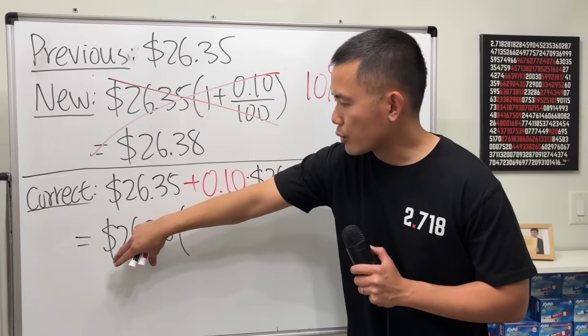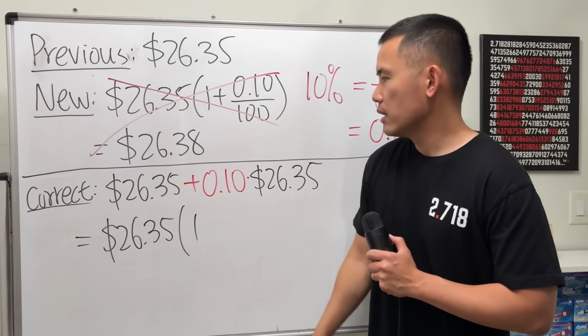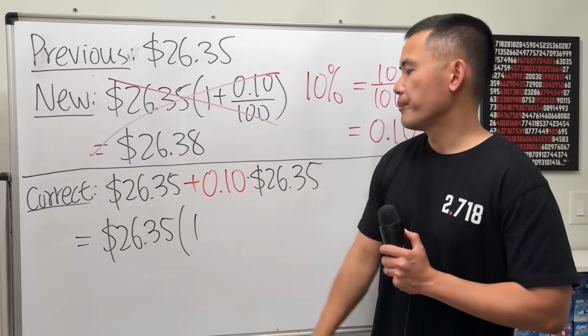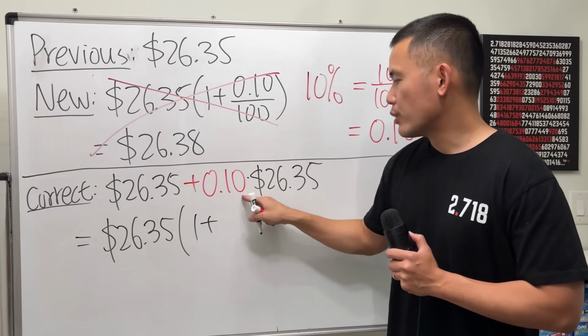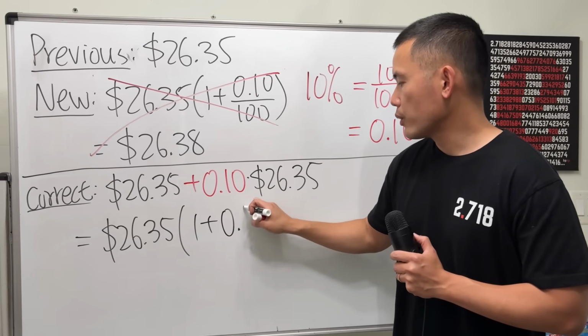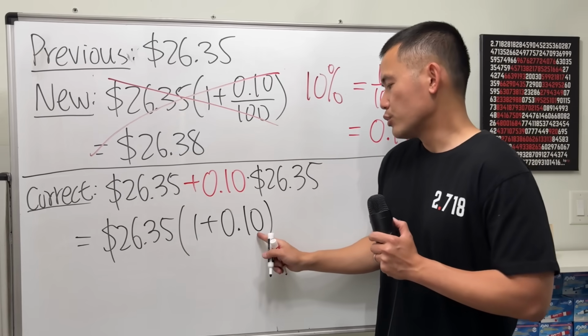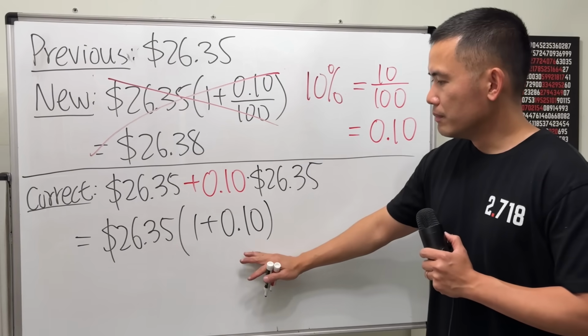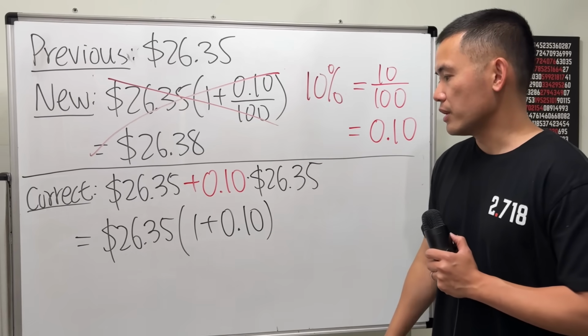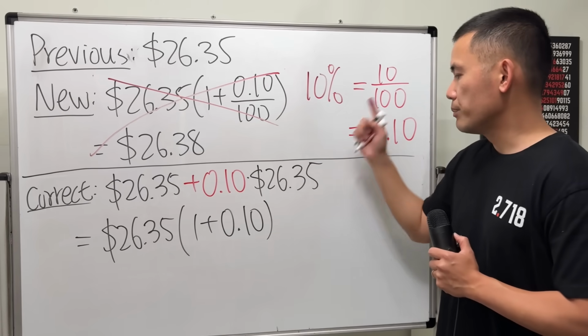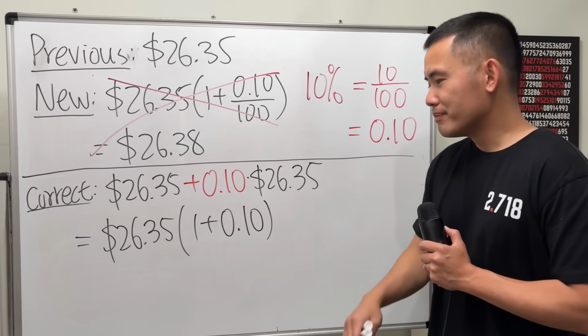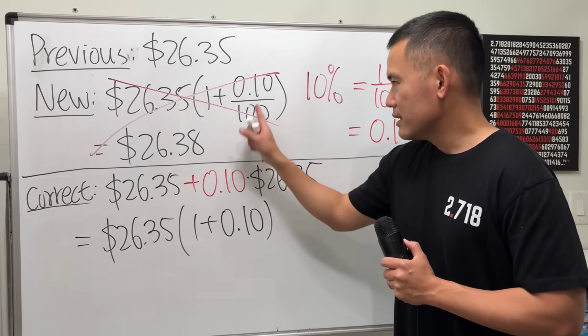Now, we factored it out right here already, so we'll just get 1. That's how we get this one right here. And then we add this right here, which is 0.1. Or the 0 right here doesn't matter. So this right here would be the correct computation. Or again, you can put 10 over 100. But anyway, that explains this little formula.